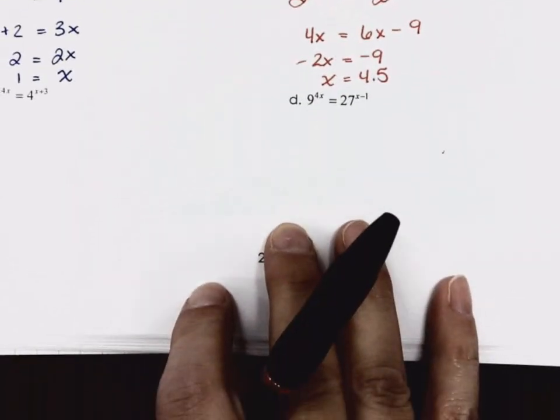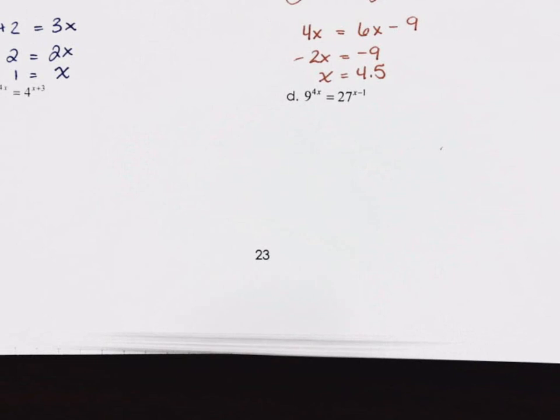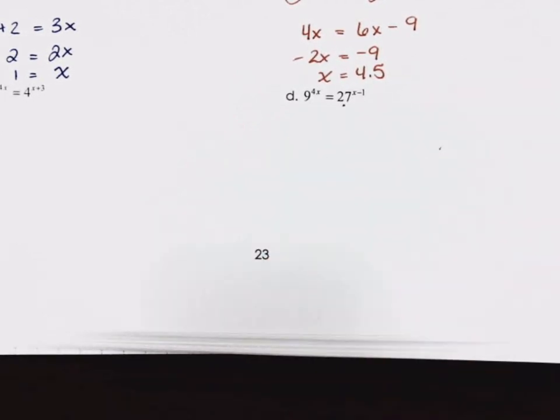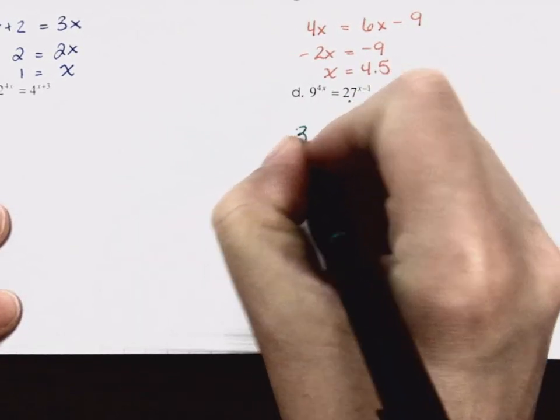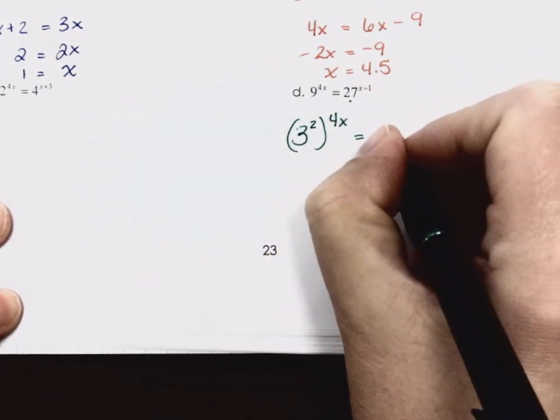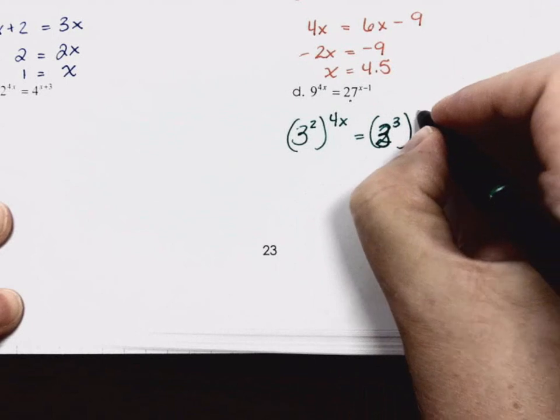Okay, let's do the one right below it, since we're already here. I have a green pen and I don't know where it got to. Oh, there it is. All right, 9 and 27, what's a common base? 3. I was just going to write 27 again.